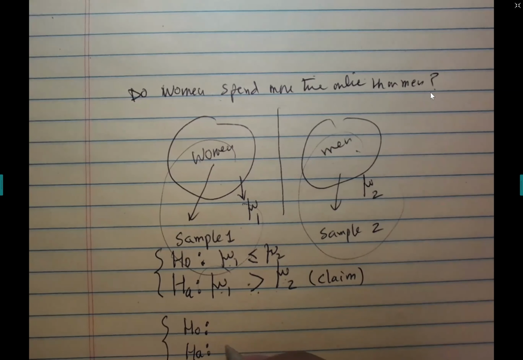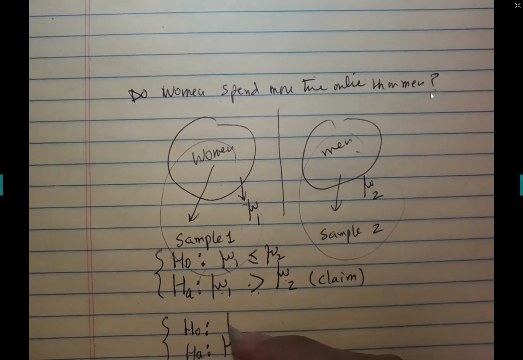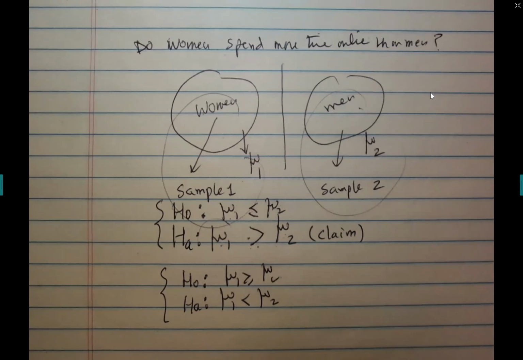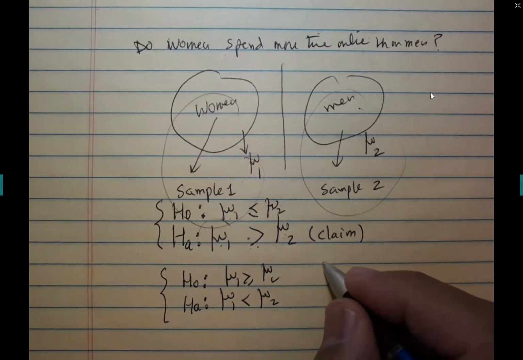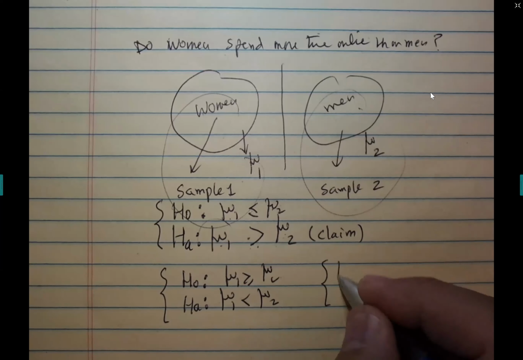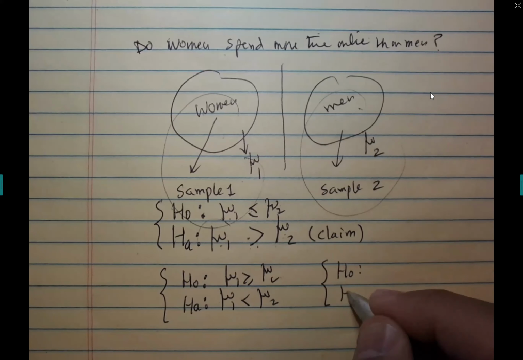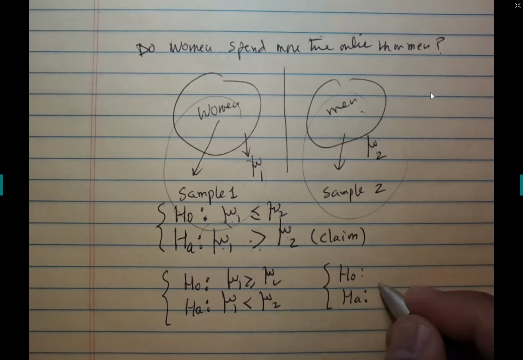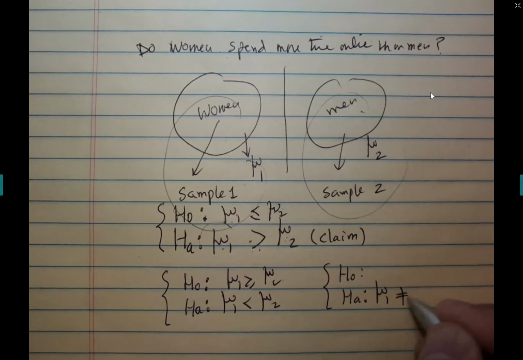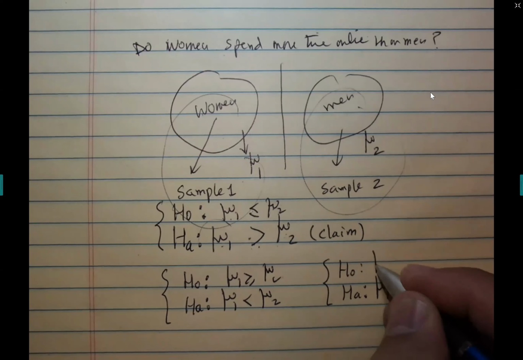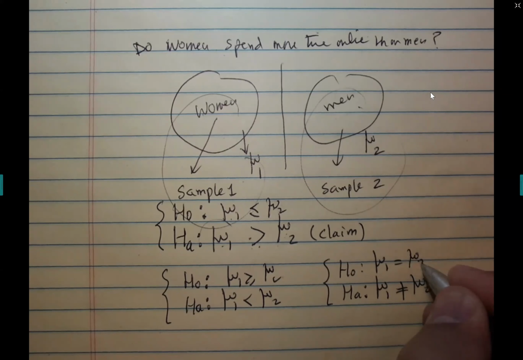It could be that we wanted to test in another question that mu1 is less than mu2. Then the null hypothesis will be that. This is the second scenario. And the third and last one, guys, there are no other scenarios: mu1 not equal to mu2. And then the null will be mu1 equals mu2.